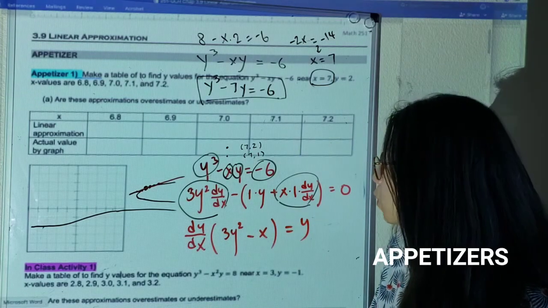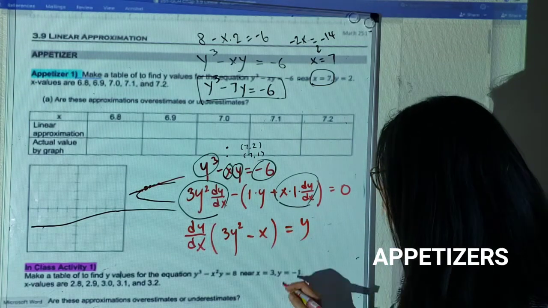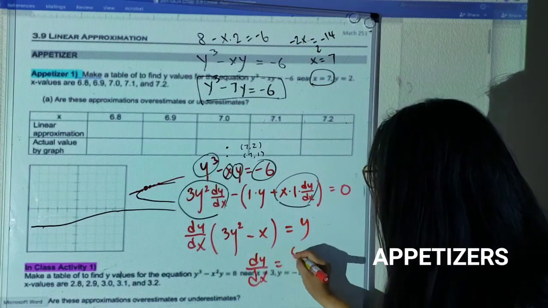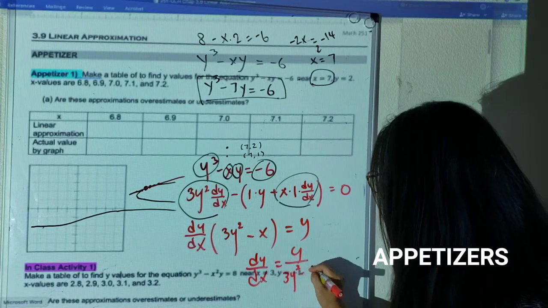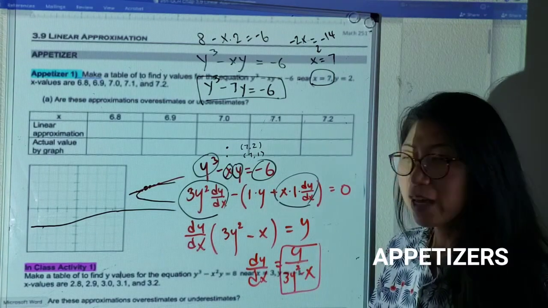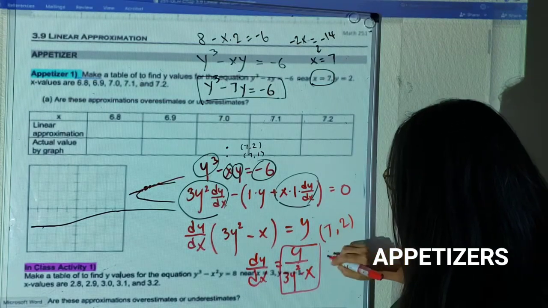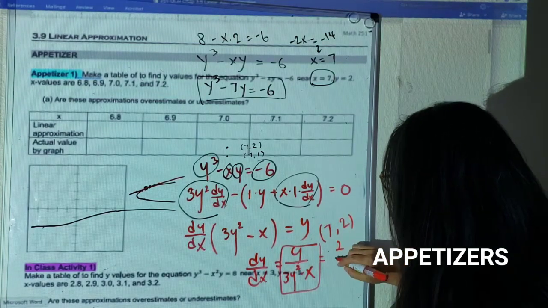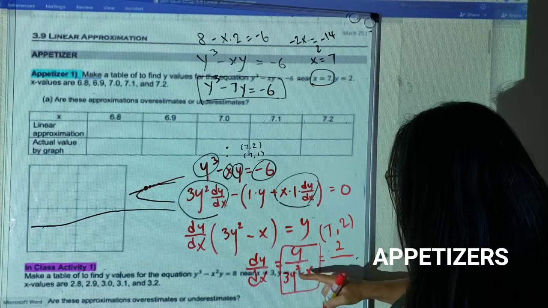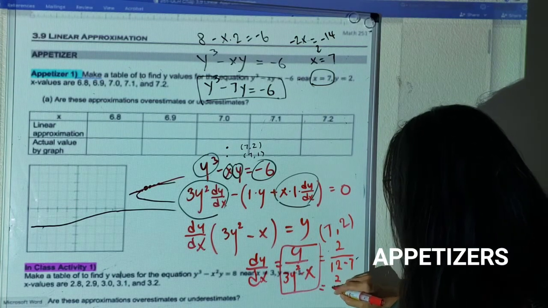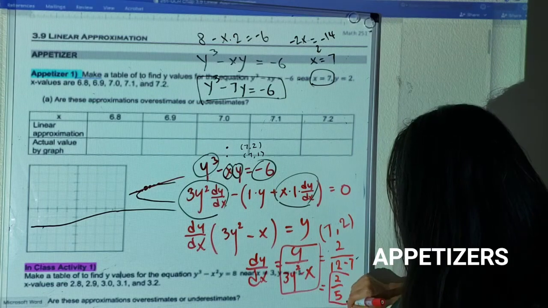The equals minus y will go to the right side, so plus y. So I got my derivative function, which is dy/dx equals y over 3y squared minus x. Okay, I'm not done yet. Now we have to plug in our point, which is 7, 2. If I plug in carefully, 2 over 3 times 4 is 12, minus 7. So I get 2 over 5 as my slope at that moment.